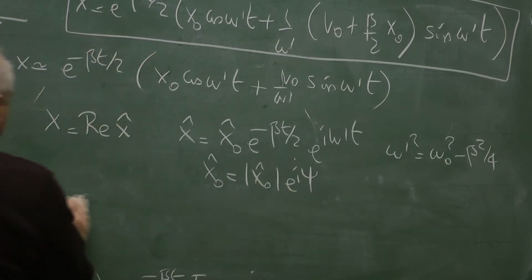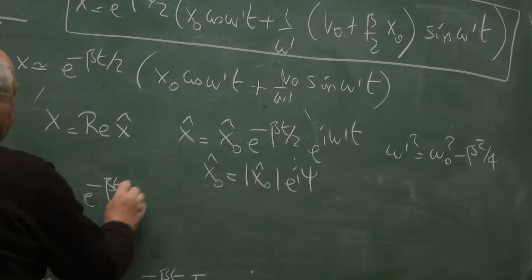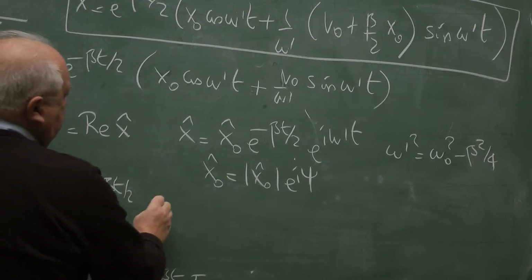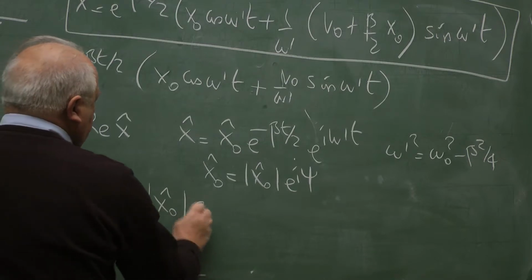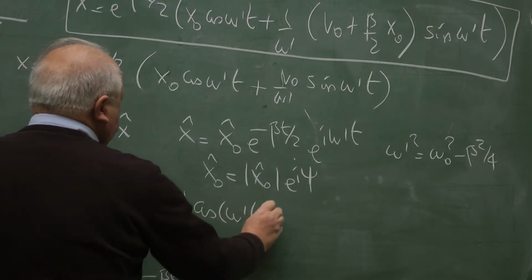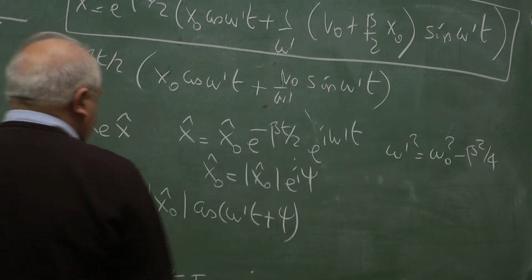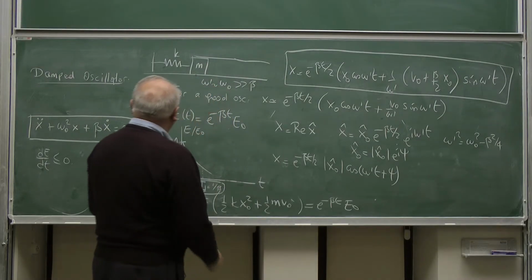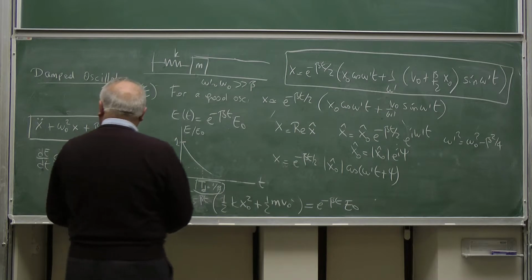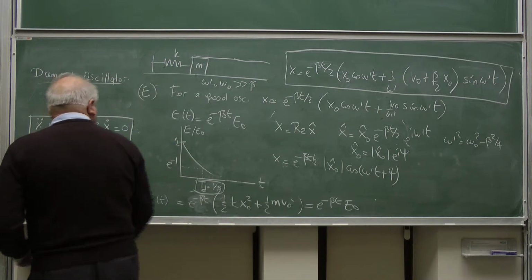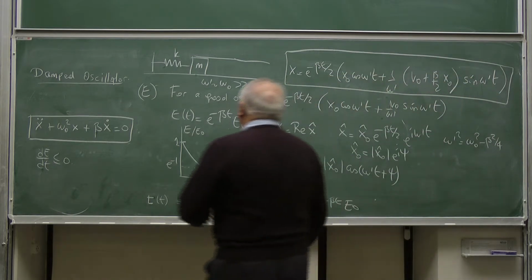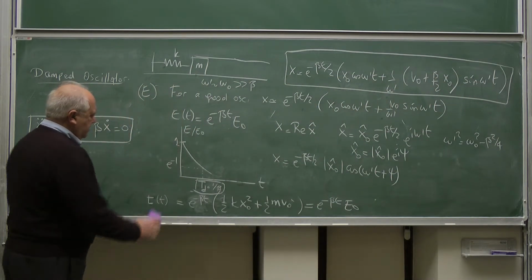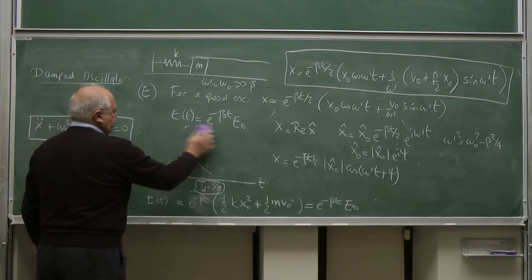So that, for example, the solution we can write as e to the minus beta t over 2 times x0 times cosine of omega prime t plus psi. First, let us again find the energy. I am erasing this energy argument. We have learned this for the good oscillator.